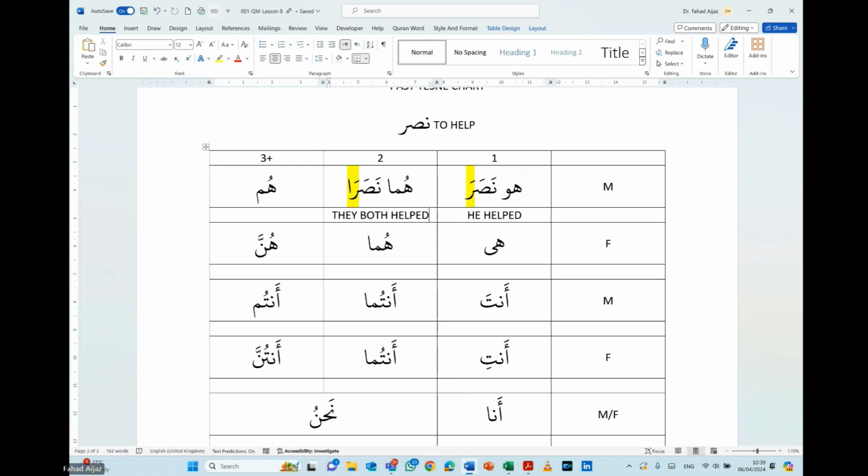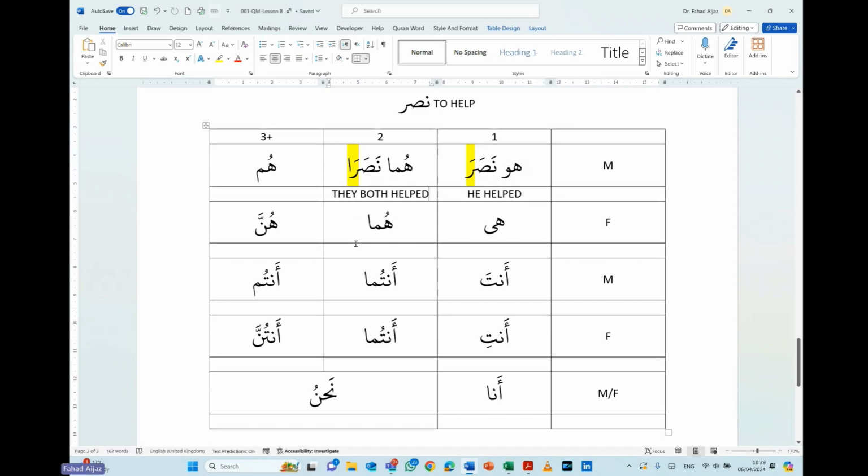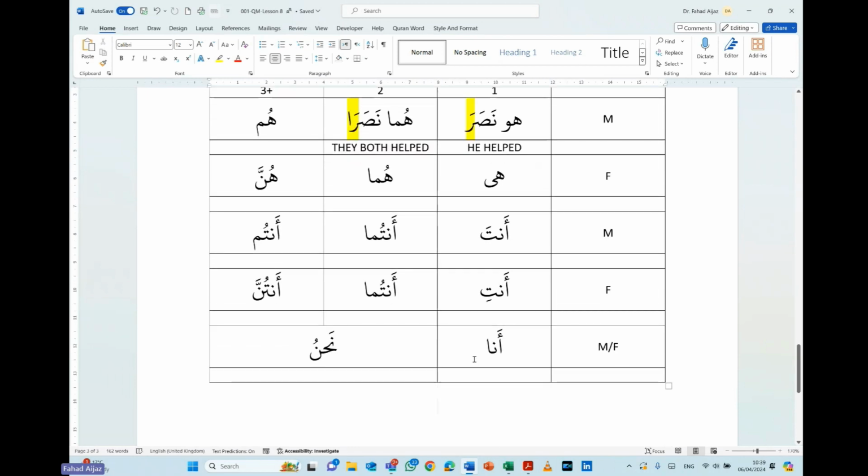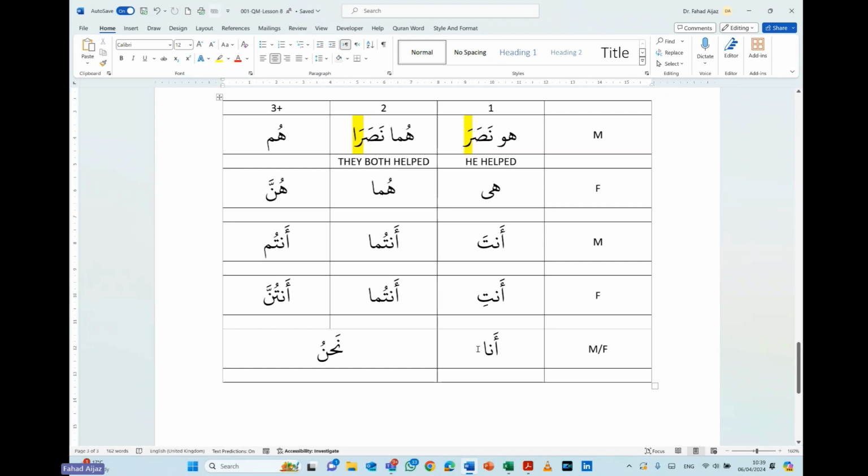Okay, if it was to be mapped to the version of khalaqa, if khalaqa was huwa, the version of huma would be khalaqa.